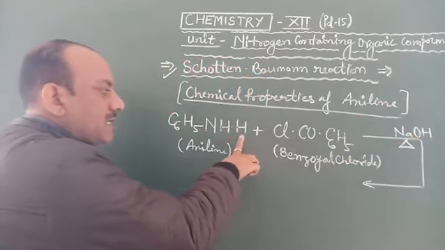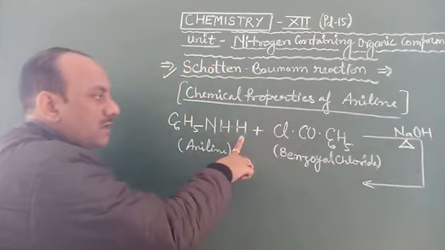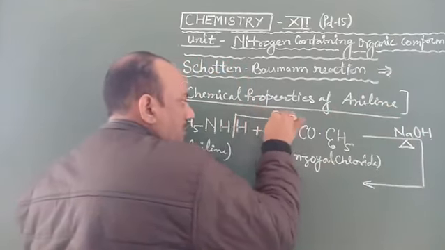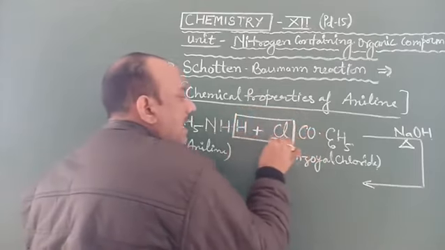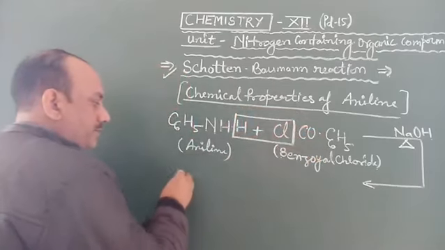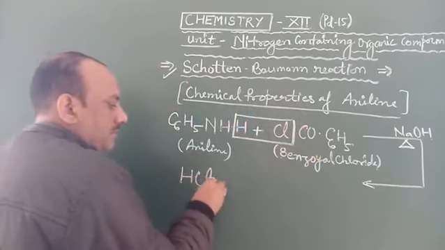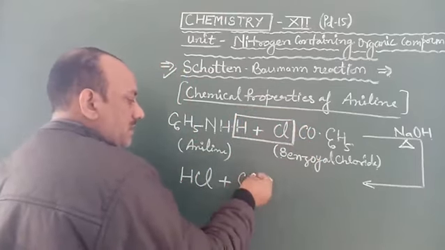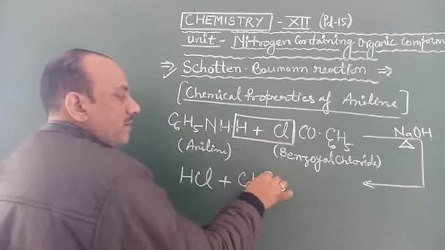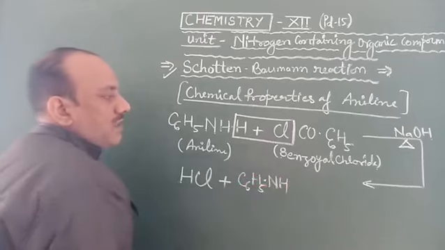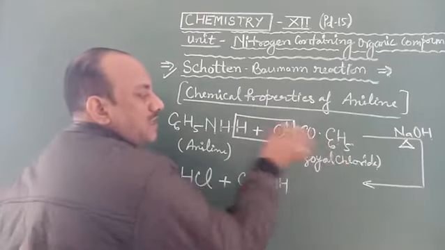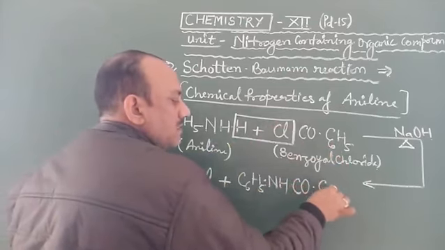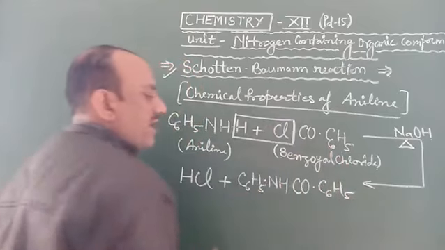Here a hydrogen atom is eliminated with the Cl, chlorine atom, to form HCl, and make C6H5NHCOC6H5.